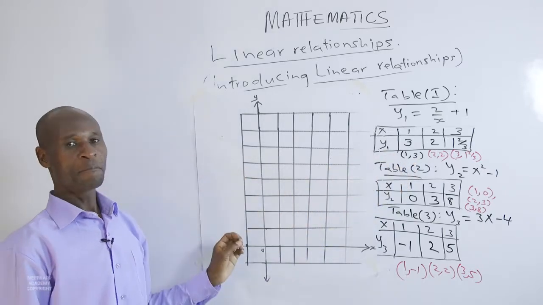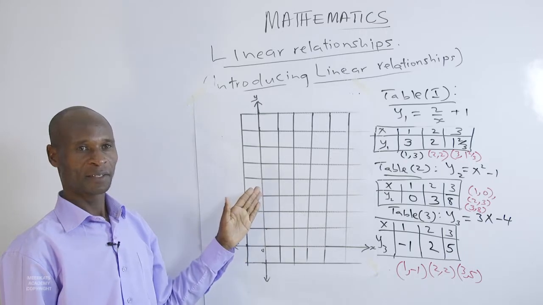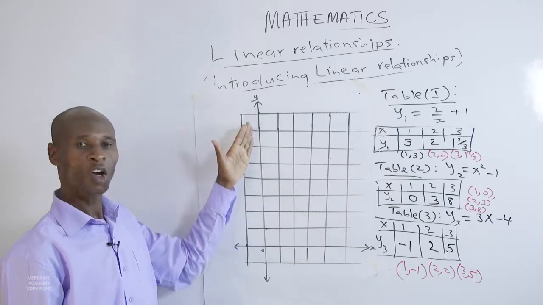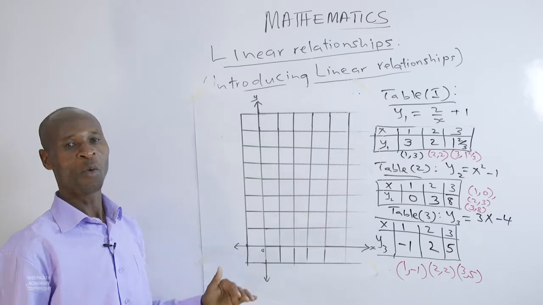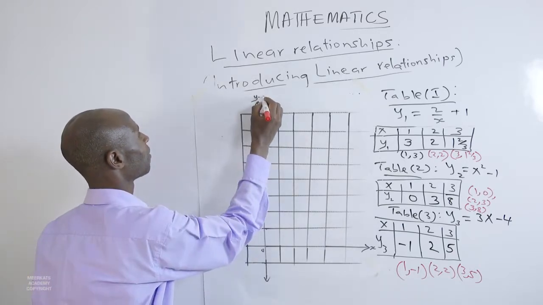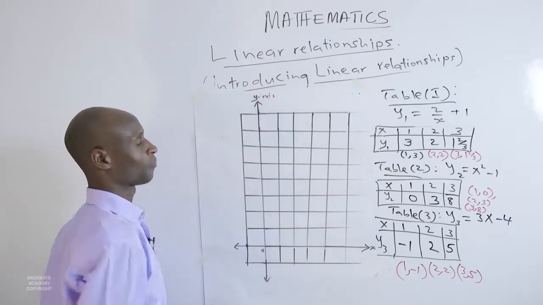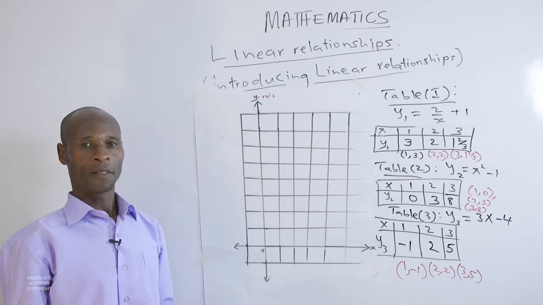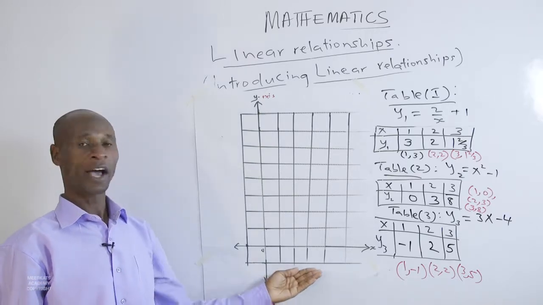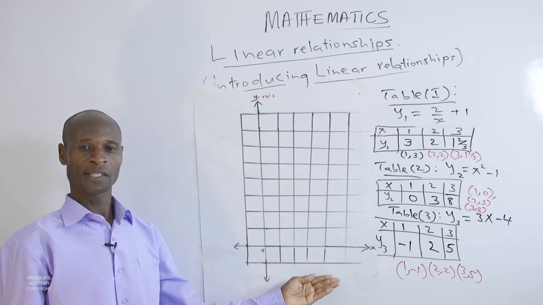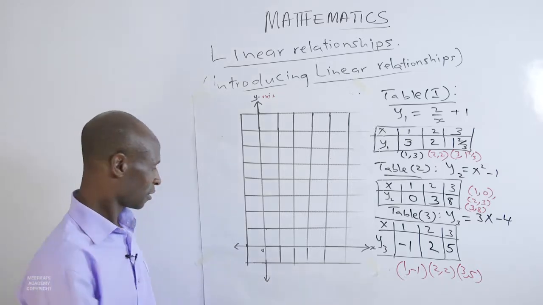So the graph must have the axes. We need to have the vertical axis, which is called the y-axis. Then we have the horizontal axis, which is referred to as the x-axis.